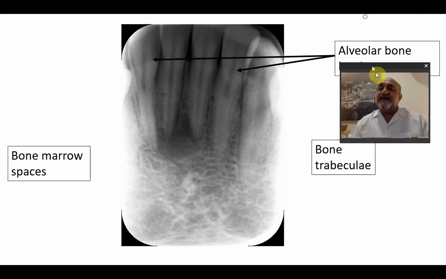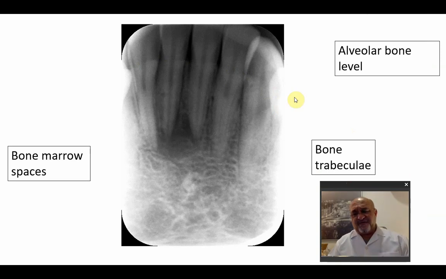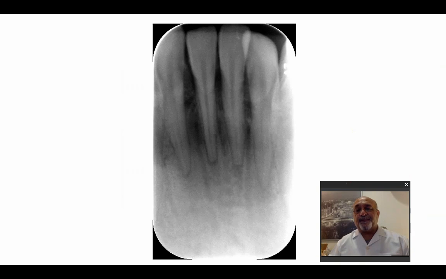This is the alveolar bone level. As you can see here, it extends very clearly across. Of course, this is in a normal, healthy periodontium.